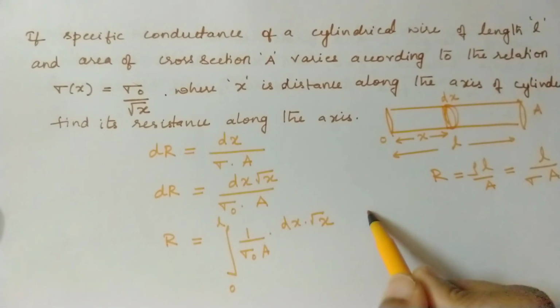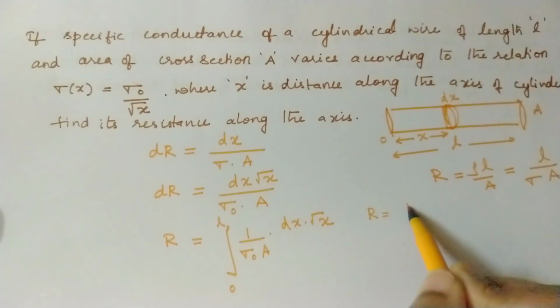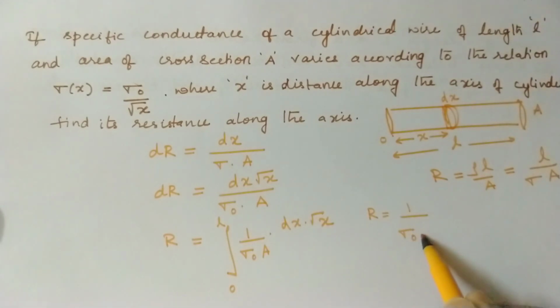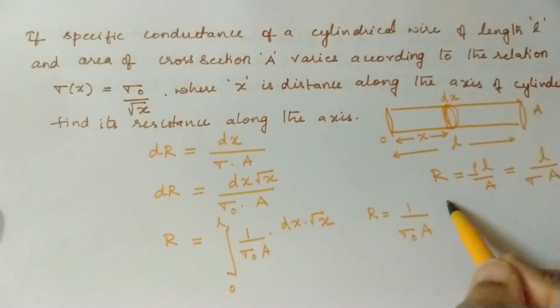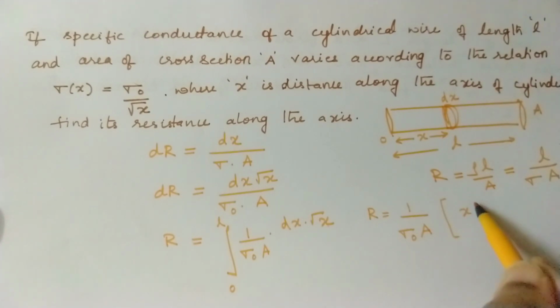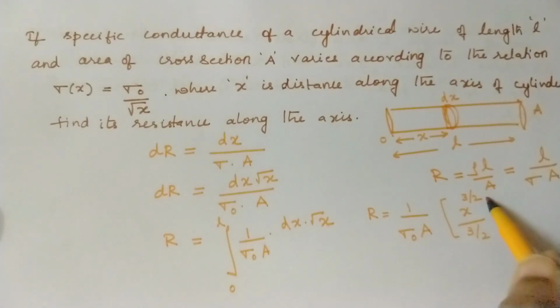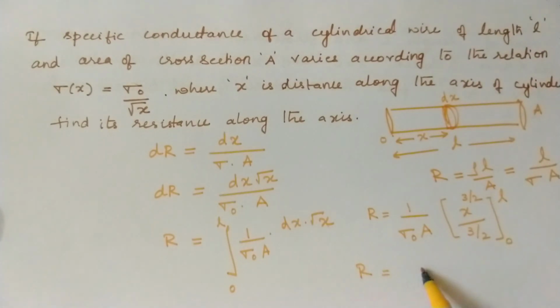Integrate the relation. I am writing the resistance. R is equal to 1 by sigma naught A comes out. The integral of root x, that is x to the power half, is x to the power half plus 1, that is 3 by 2, divided by 3 by 2, from 0 to L. So you will get the resistance R as 2 by 3 sigma naught into A, which is constant.